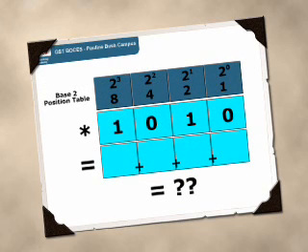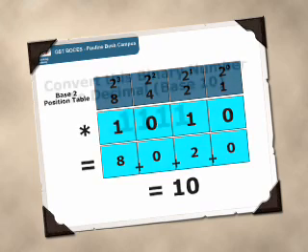Once it is in the table, multiply down, then add across. Pause now if you need some time to do this on your own. Once you've multiplied down and added across, you will get a value of 10. Look at the example.